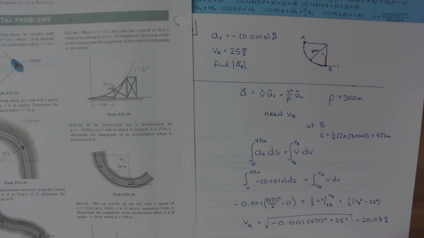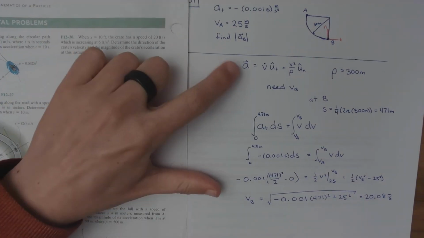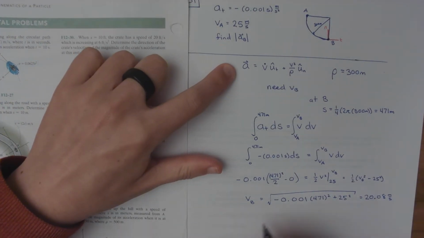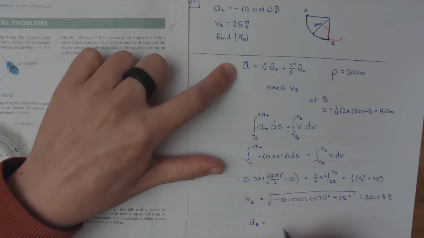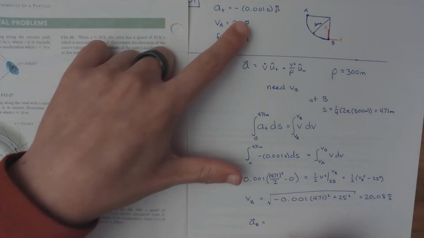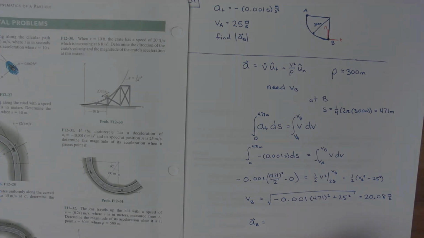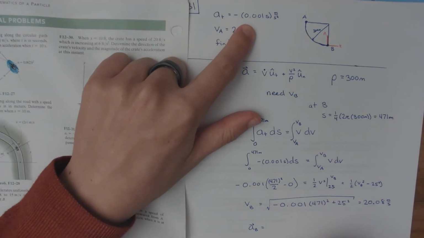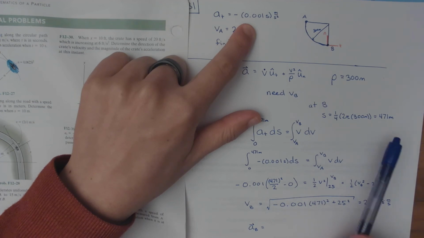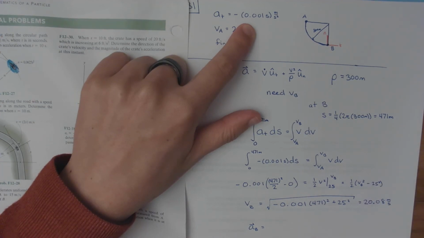We were looking for the magnitude of the acceleration, but I should have everything I need now. So we're using this formula here first to say the acceleration at point B, what is, well, I think we still need to find that. So it would just be what I have here when s is equal to 471.